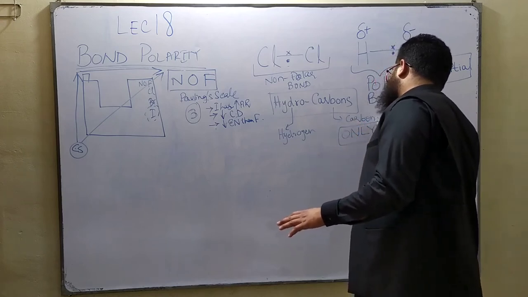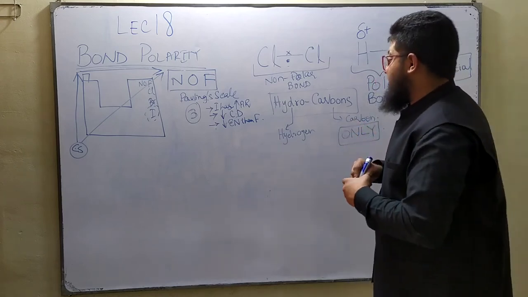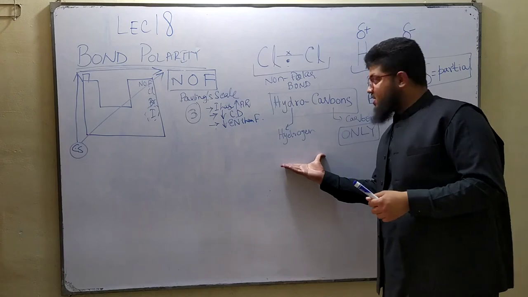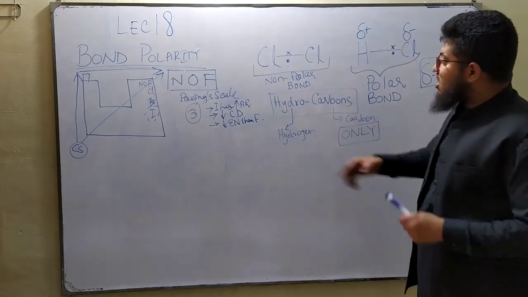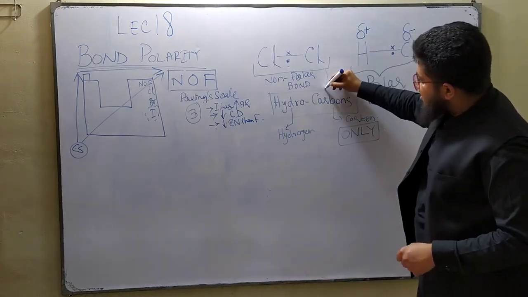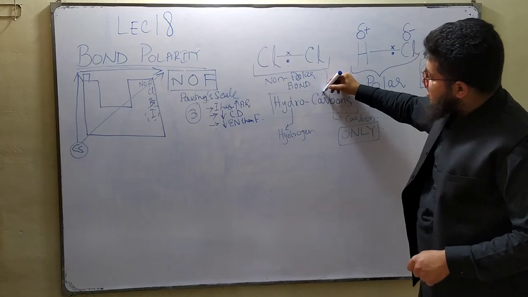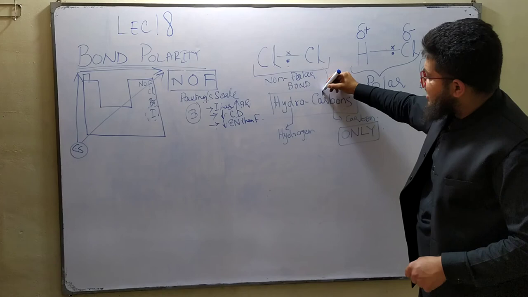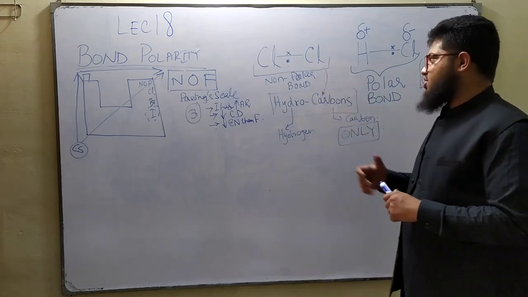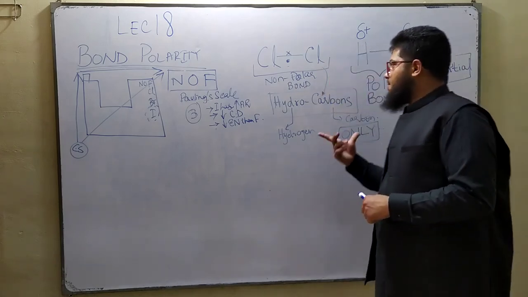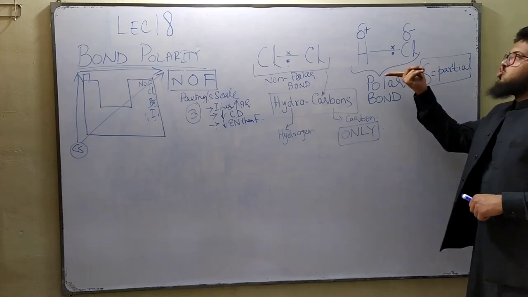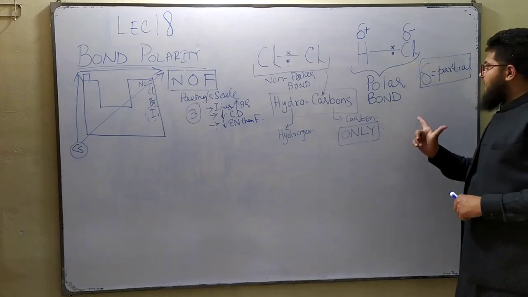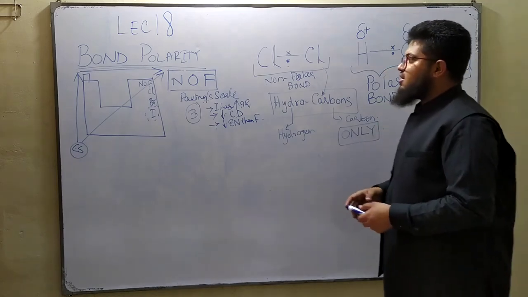Now, hydrocarbons also fall in this category of being non-polar because hydrogen and carbon have somewhat equal or very close electronegativities with one another. But if the electronegativity difference is huge like in this bond, then it's going to be a polar bond.